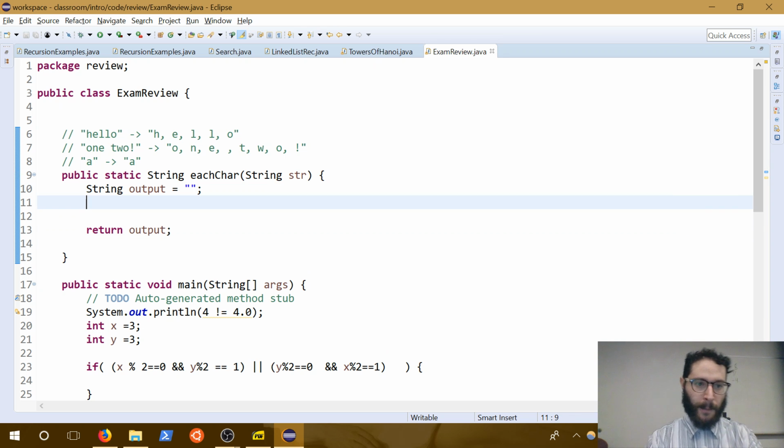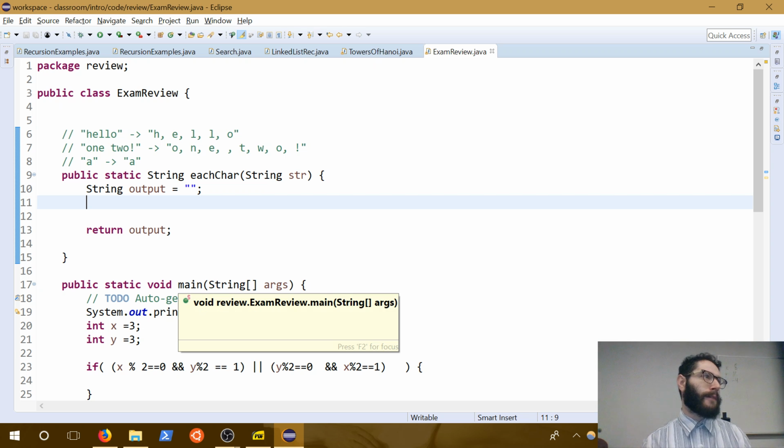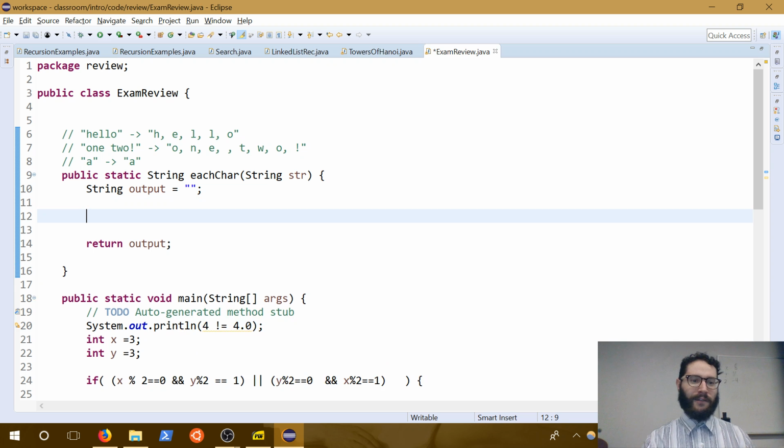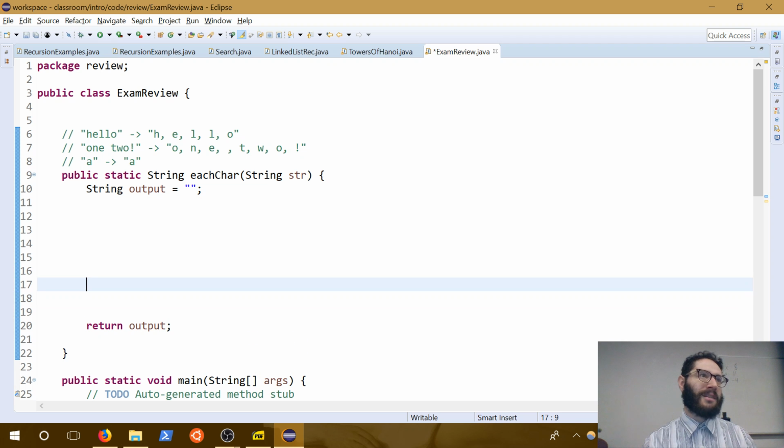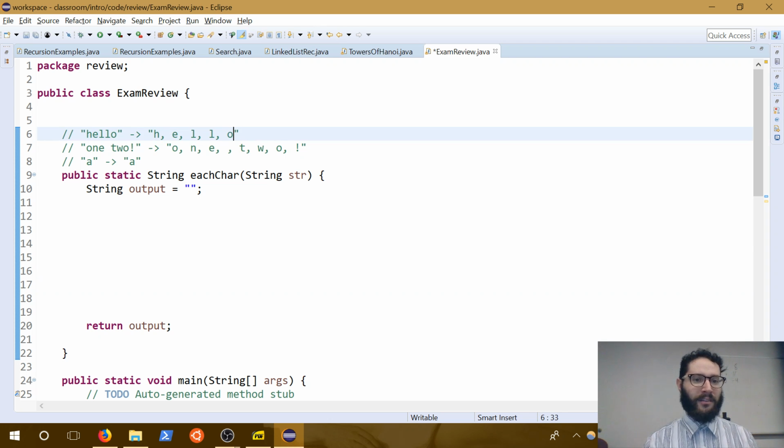For right now, the key here is to look at this and recognize the fence posting problem. But the other key is to not care about it for your first draft of the solution. Leave yourself some space to solve the fence posting part, and just don't worry about it yet. Does that make sense? We recognize that I don't want a comma space after the last character, but because I do grading based on partial credit, a mostly working solution is good, and once the mostly working solution is there, I can modify it.